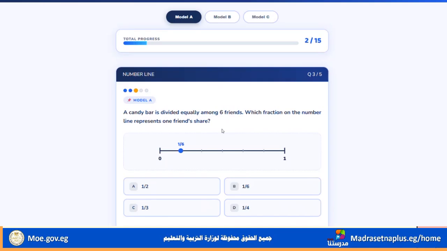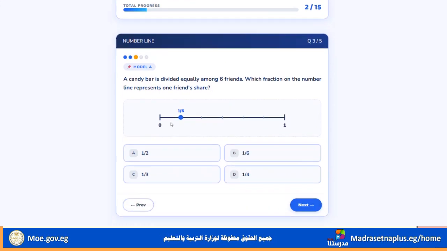I need to get each friend's share, the part that a friend gets. Which fraction of the number line represents one friend's share? It's easy to get. The share of each one will be 1/6.